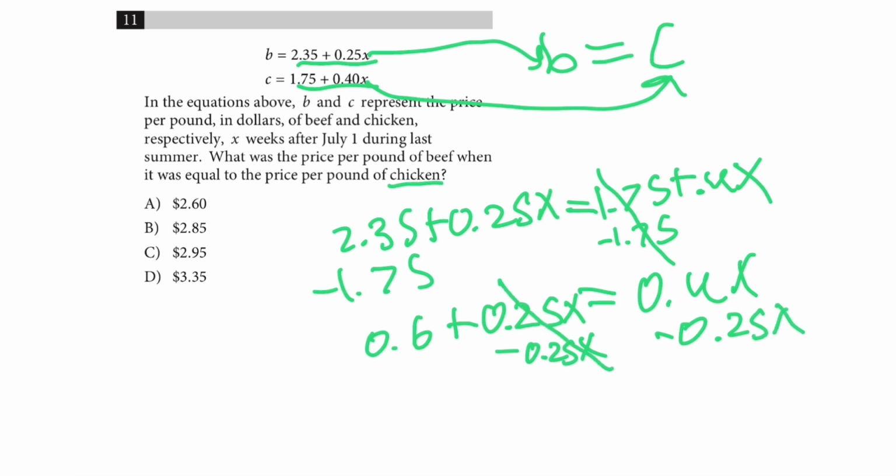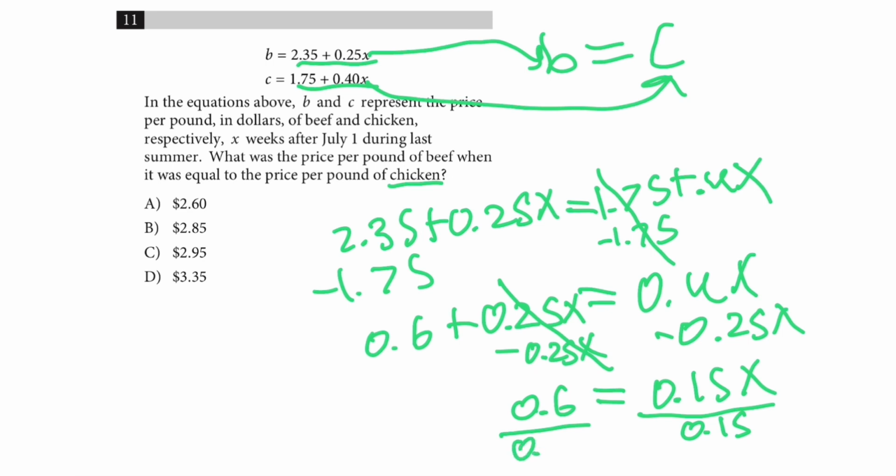So now this is going to go to 0, and you'll just have 0.6 on this side. Now that's all going to be equal to 0.15x. So now you're just going to divide both sides by 0.15, and you'll get that 4 is equal to x.